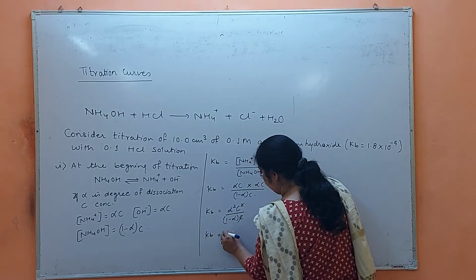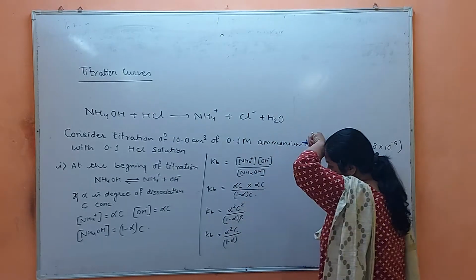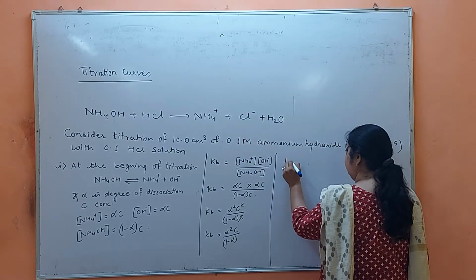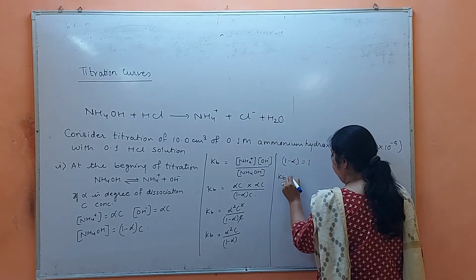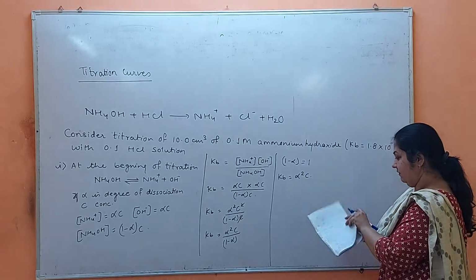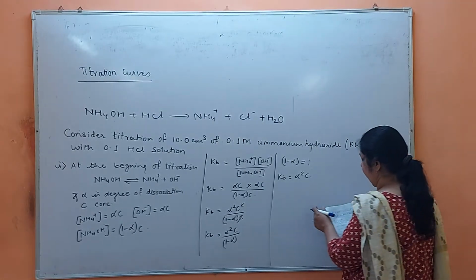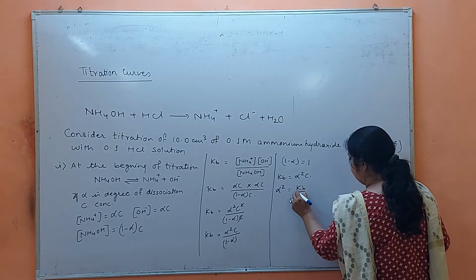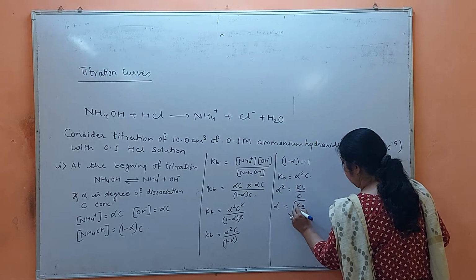So we get Kb is equal to alpha square C upon 1 minus alpha. Now see, for a weak base, it is very less dissociated. So we can say 1 minus alpha is equal to 1. So Kb will be equal to alpha square C. So alpha square will be equal to Kb by C. So alpha will be equal to under root Kb upon C.